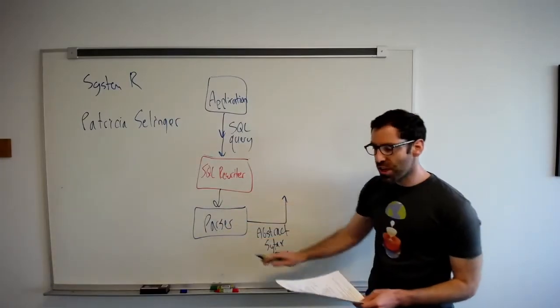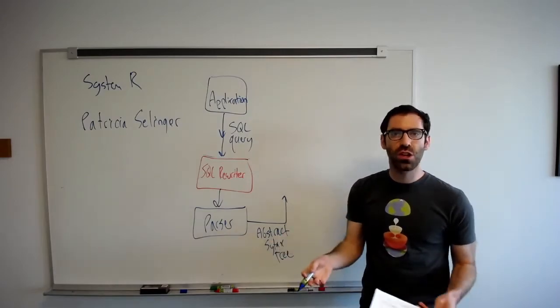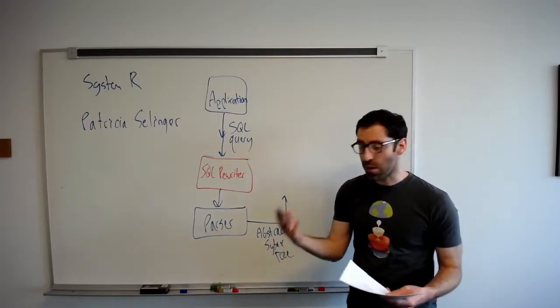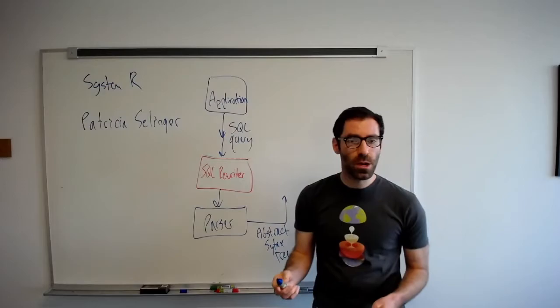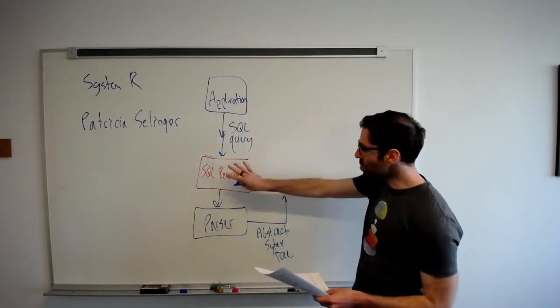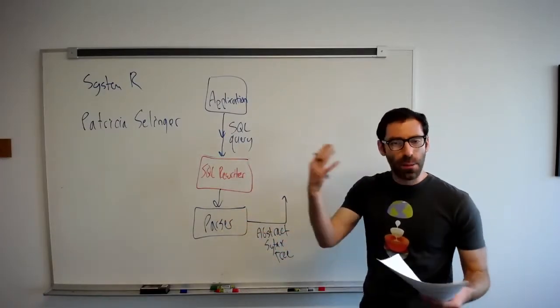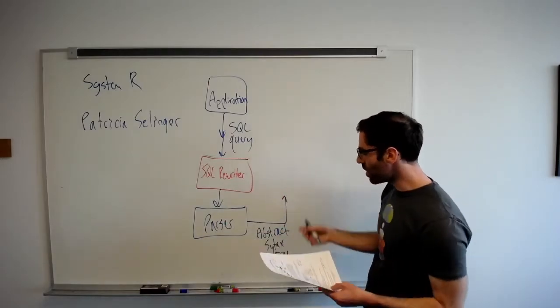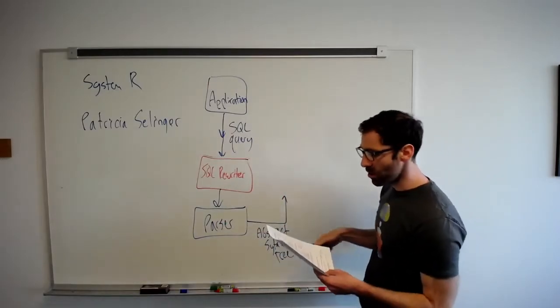Parsing and abstract syntax trees will be a familiar concept if you've taken CS 251, but we're just turning SQL into an abstract representation that we can work with for the other parts of the system.